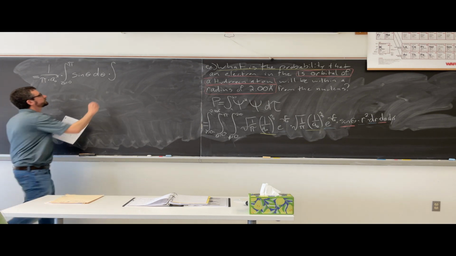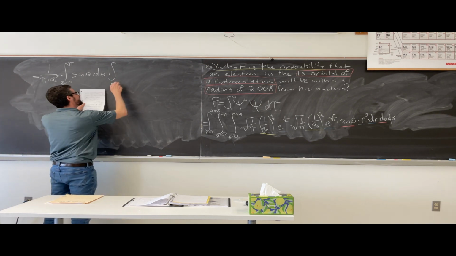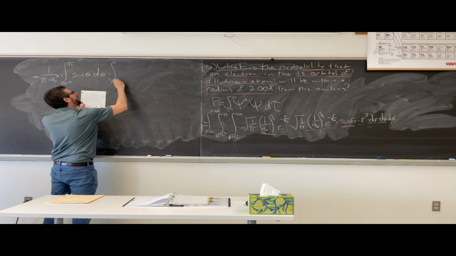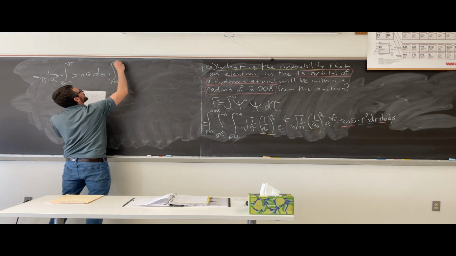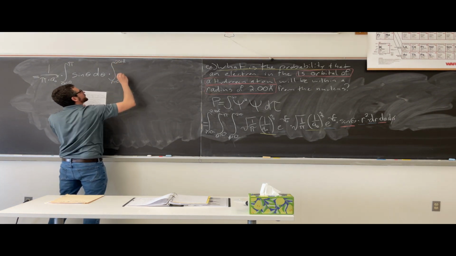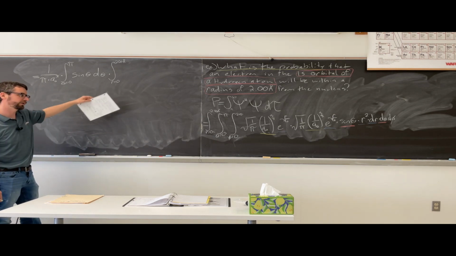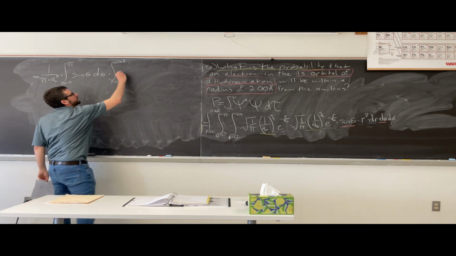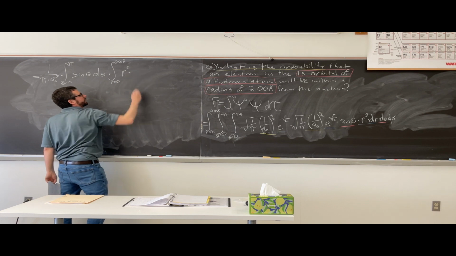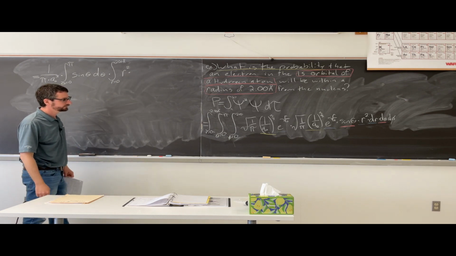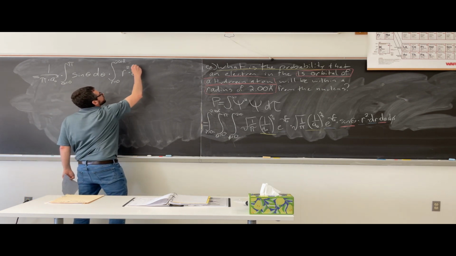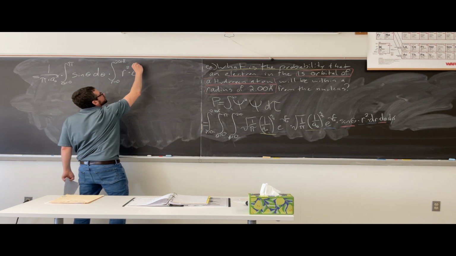Okay. R from 0 to 2 angstroms. What do we got in there for our R function? R squared times what else? Negative.